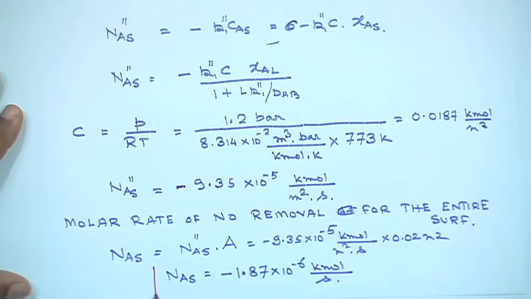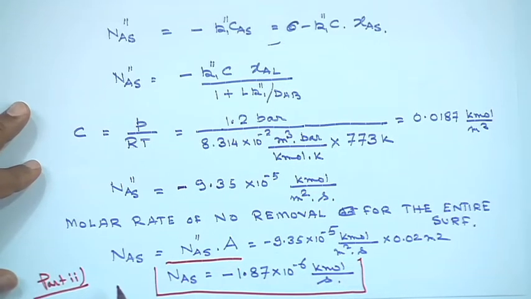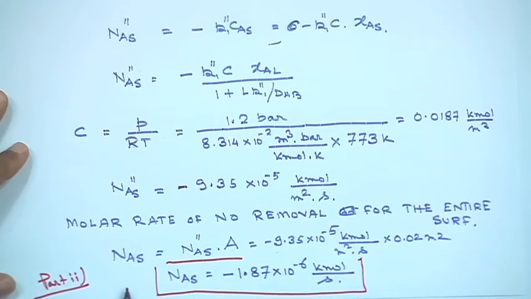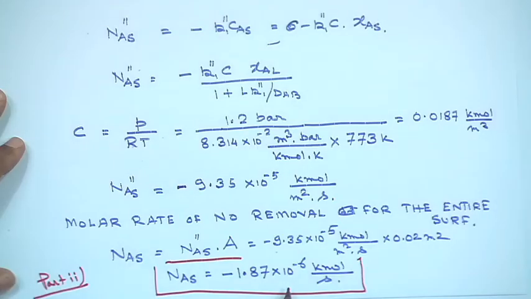So, this is the second part of the problem. In terms of kilomole per second, this gives you the total amount of A which gets converted into the products.